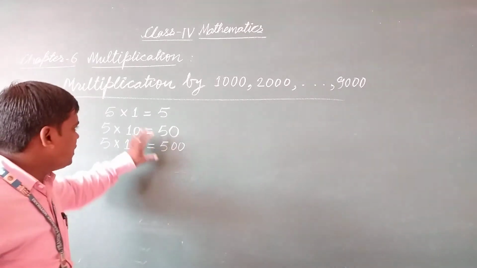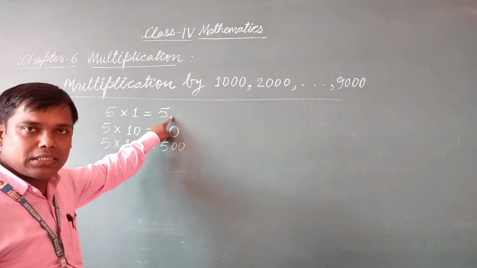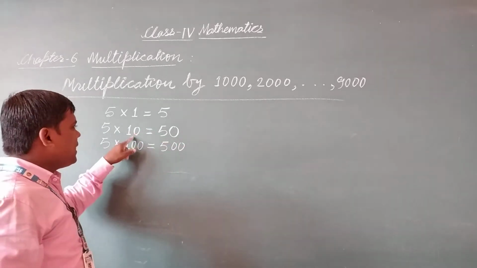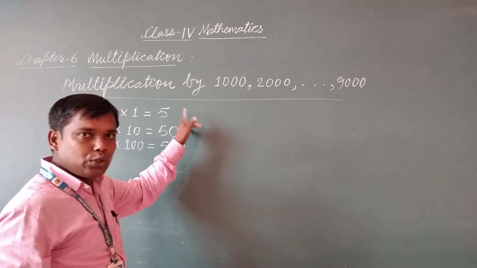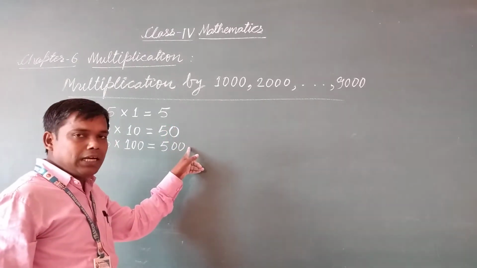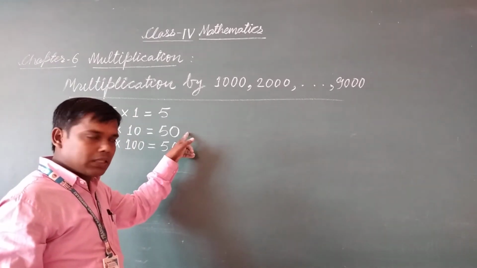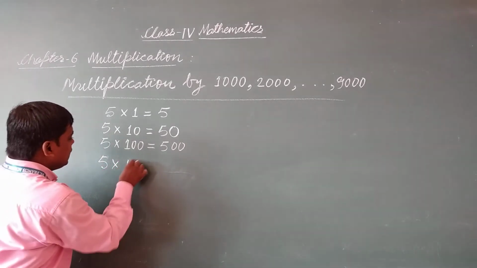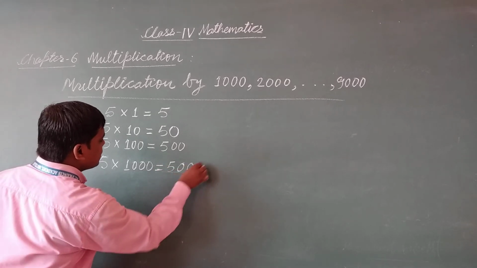So we learn from this pattern, if we multiply by 1, we get the number itself. If we multiply by 10, one 0 is added in the previous product. If 100, then we add 1 more 0 in the previous product. In this way, if we multiply 5 by 1000, we can write 5 and 3 zeros.